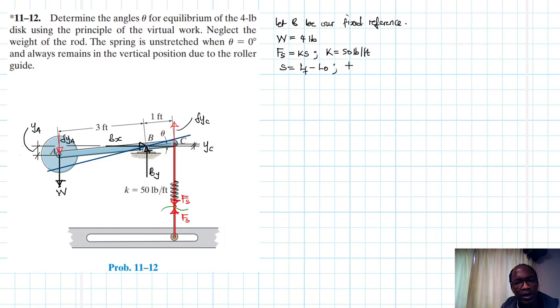L naught is equal to 0 foot at theta equal to 0 degrees. L final is just going to be equal to 1 sine theta, which is just basically equal to sine theta.